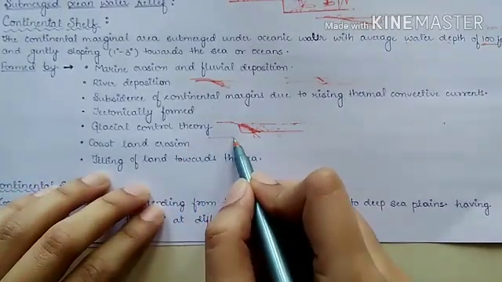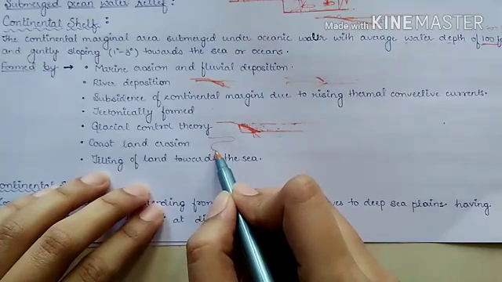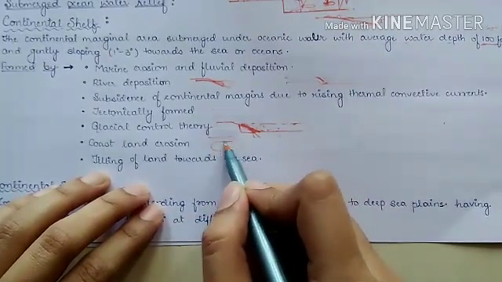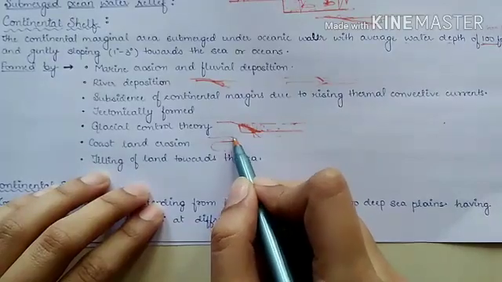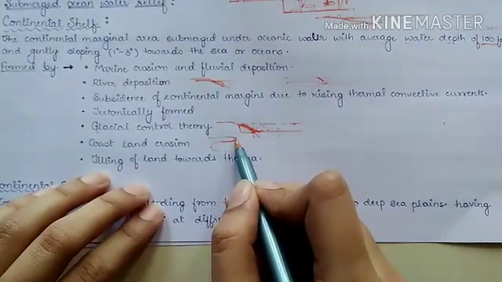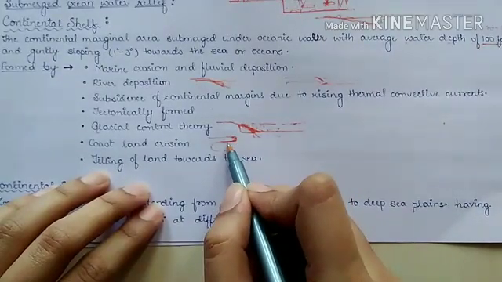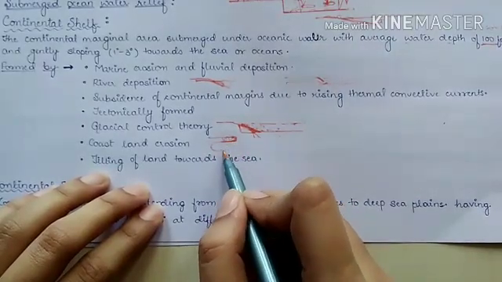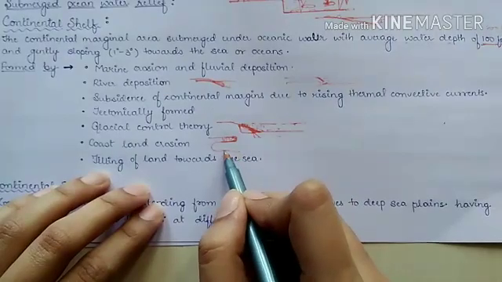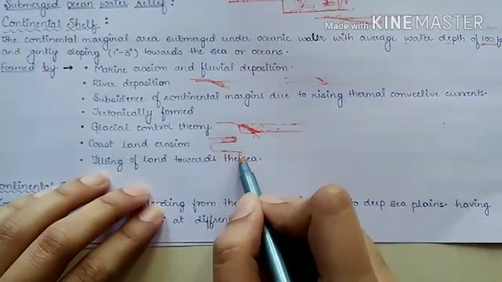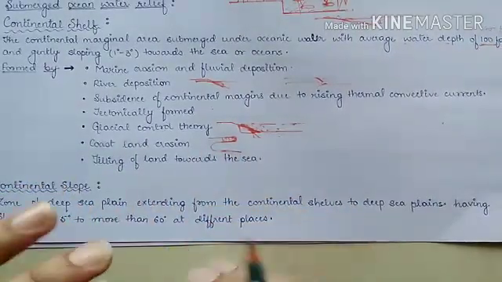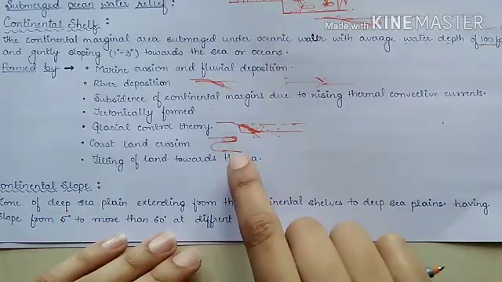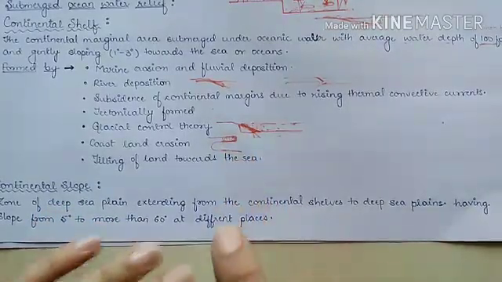So a cliff is formed by wave erosion, and when this area enlarges, this hanging part will break down, and this broken part will form a platform here, and when this platform is submerged under the seawater, it forms continental shelf.